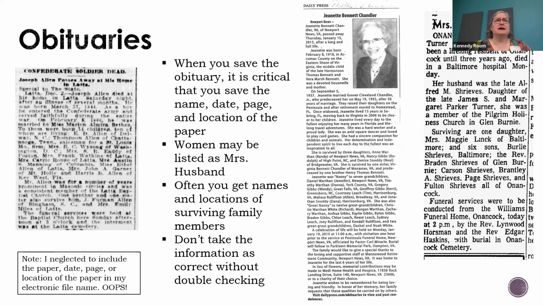Sometimes you can figure out a newspaper by the name of the paper. The one in the middle, Jeanette Chandler's obit, is from the Daily Press. There is a handwritten, very faint citation of the date and location up on the top of it, and I would have to go into that image and look at it much more carefully to find it out.